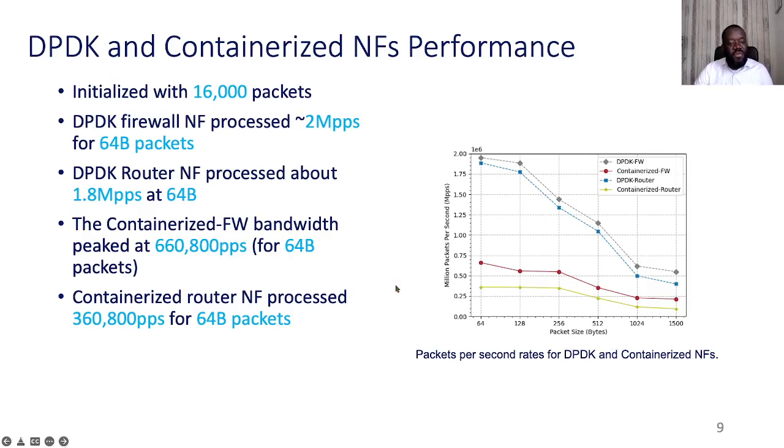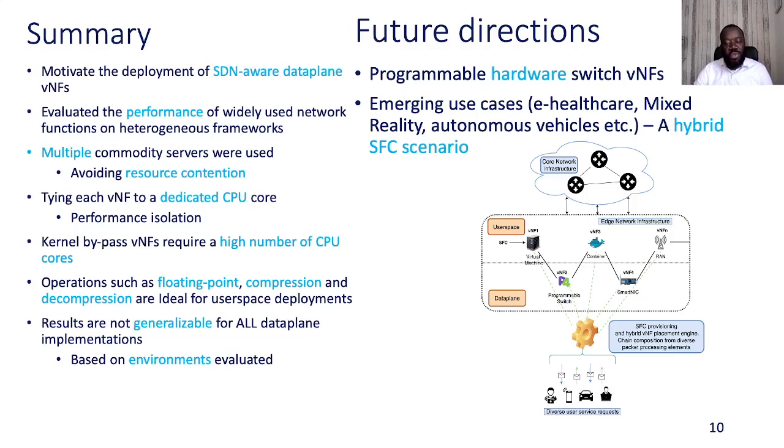So the containerized firewall peaked at around 660,800 packets per second for 64 bytes, as well as the containerized router NF, which was able to process 360,800 packets per second for 64 bytes as well.